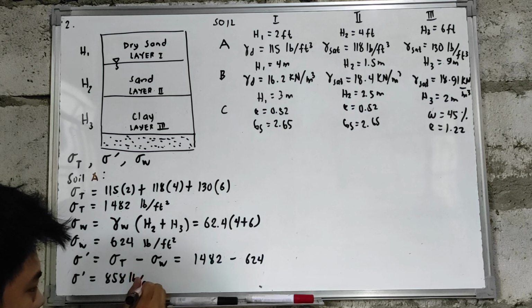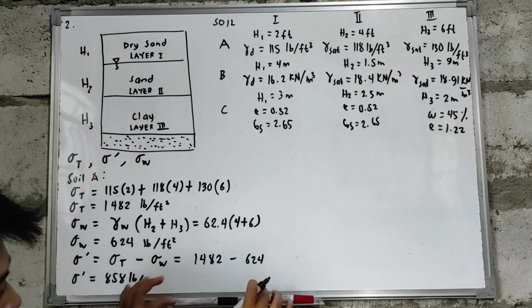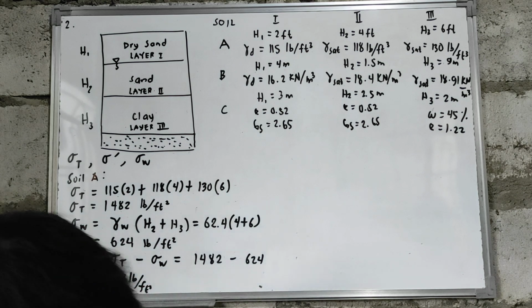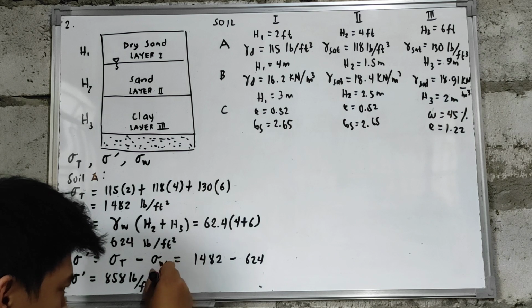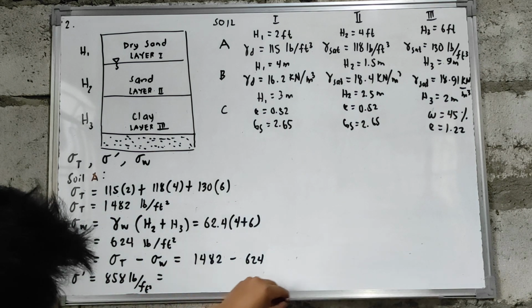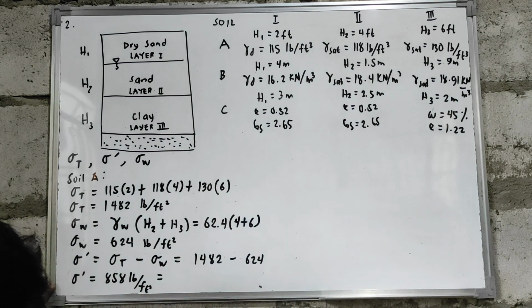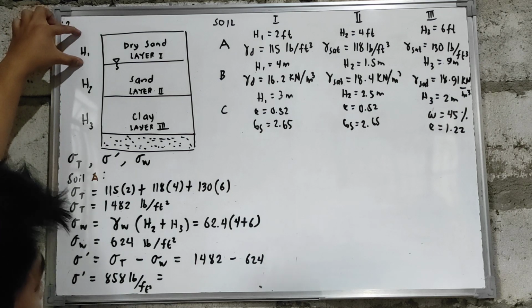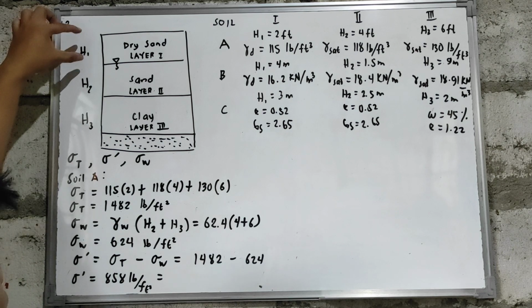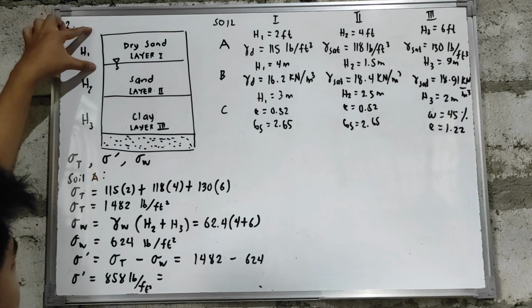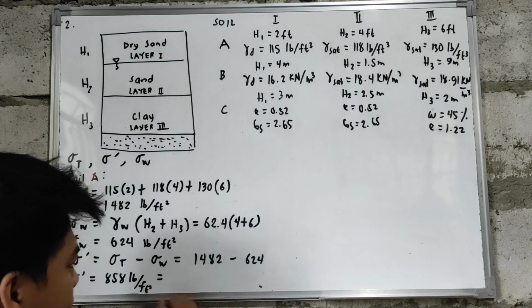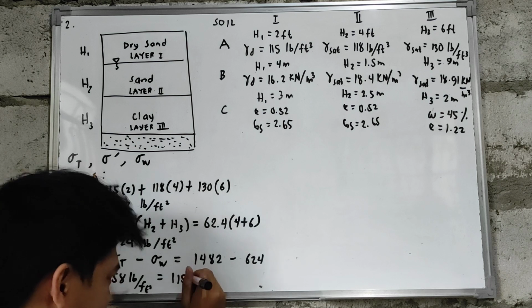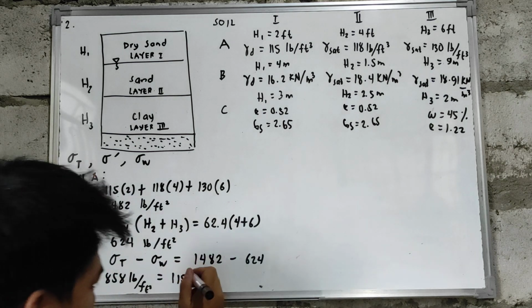pounds per feet squared. Or meron tayong other solution in computing for the value of your effective stress. So, paano natin kinocompute yun? Aalisin natin automatically yung value ng tubig. So, for this, since dry sand lang tayo, as it is natin gagamitin yung unit weight, kasi wala naman yung tubig, multiplied by the height na 2.